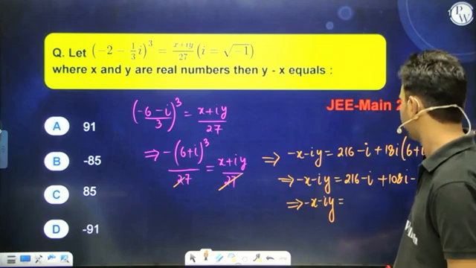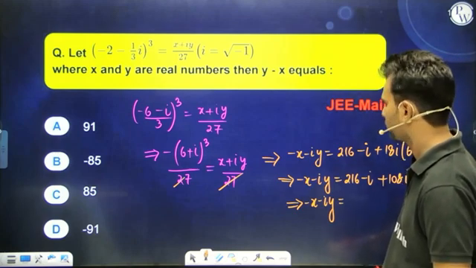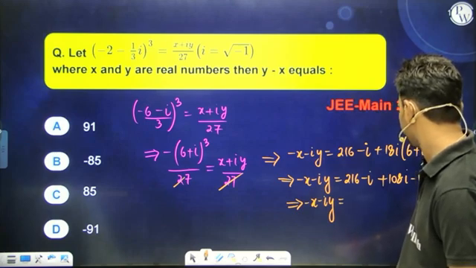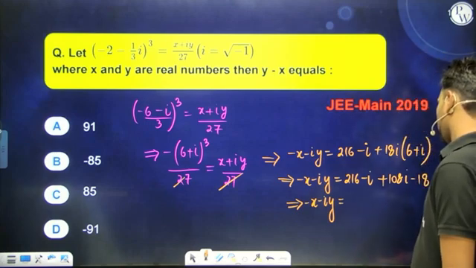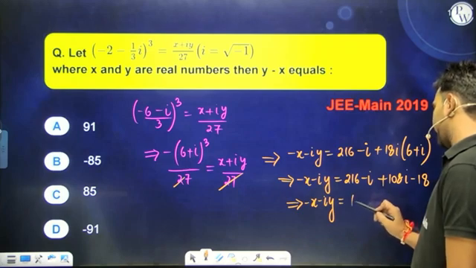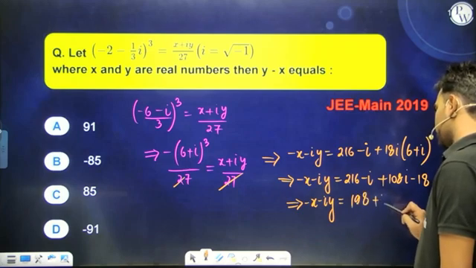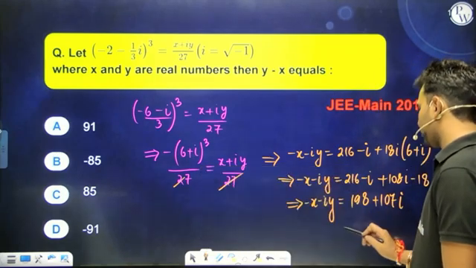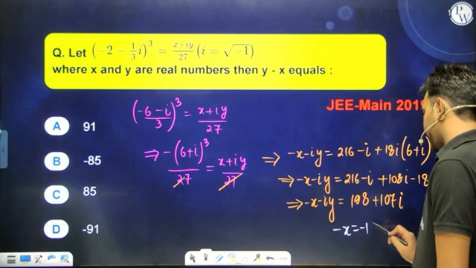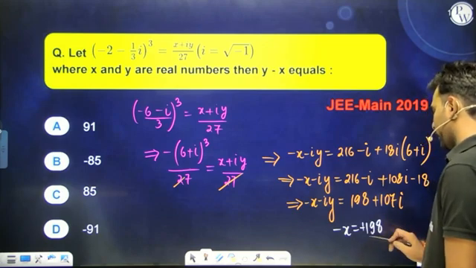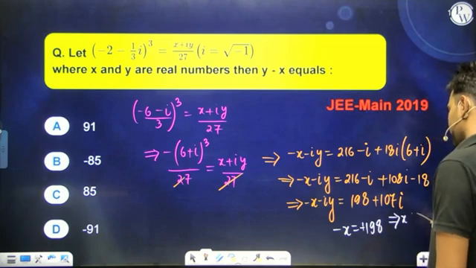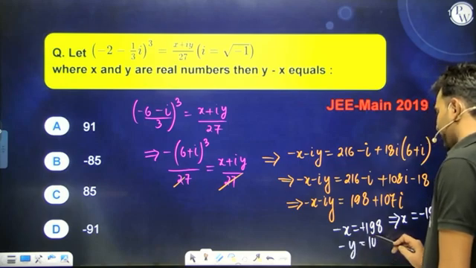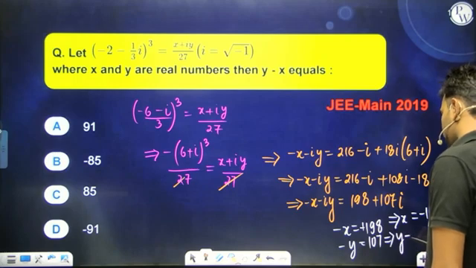Yep. So this is going to be how much? 198 plus 107 iota. So over here, if you compare, the value of minus x is minus 198, that means the value of x is minus 198. And the value of minus y is 107, that means the value of y is 107.